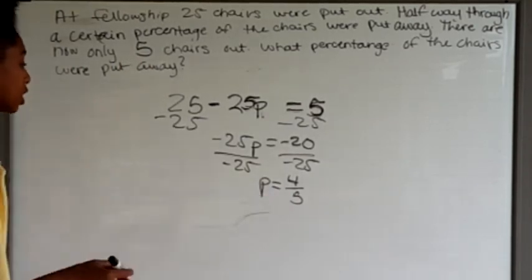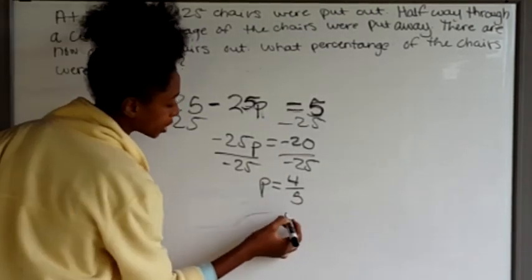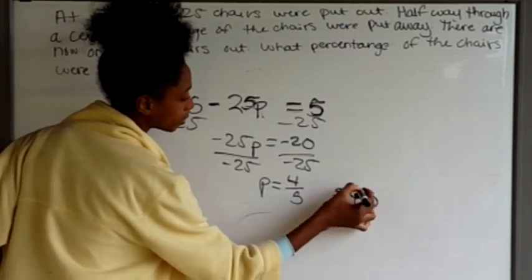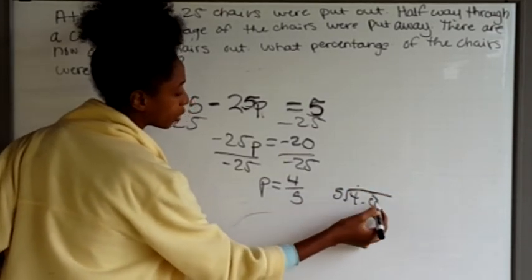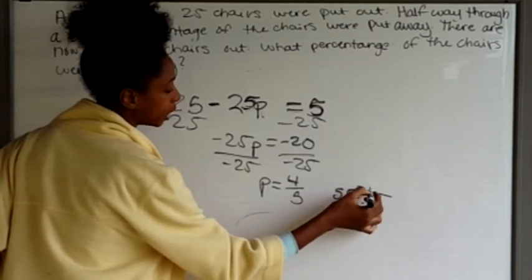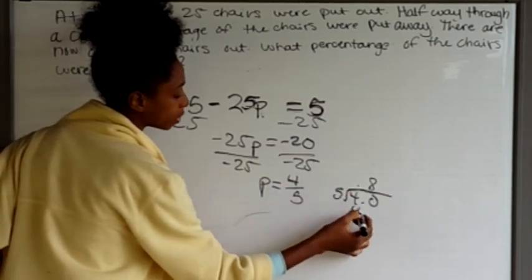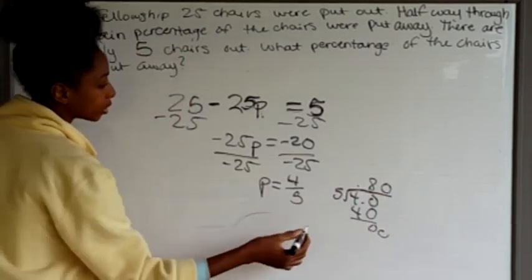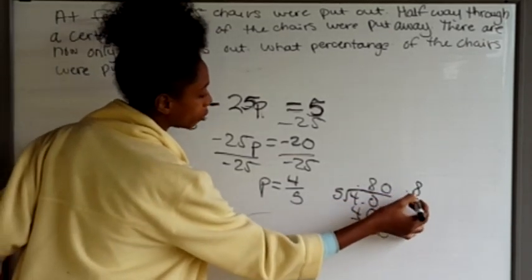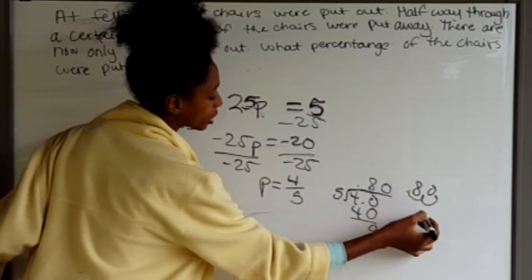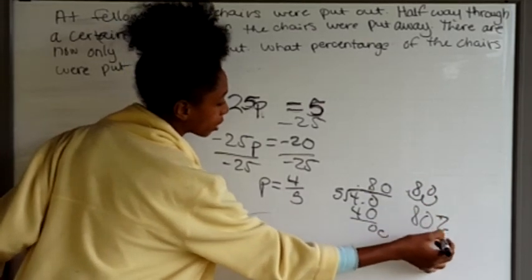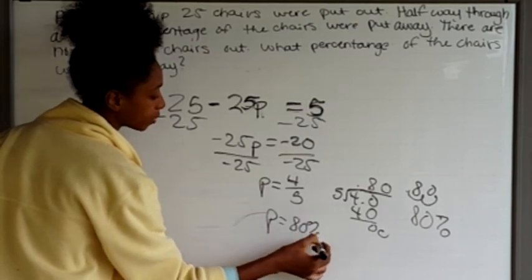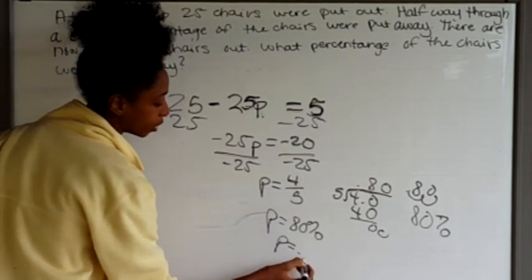So our percentage, if we do 4/5, 5 goes into 40, 8 times. So we have 0.8, we go over that way to get our percentage, so it's going to be 80%. Or 0.80.